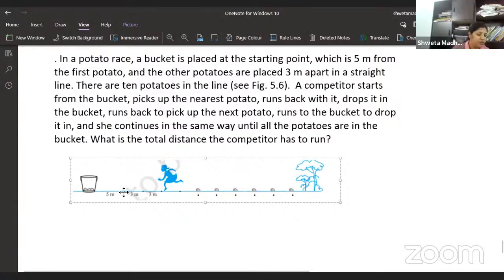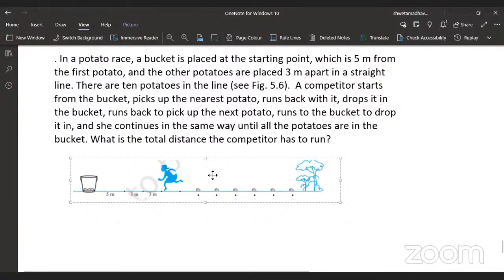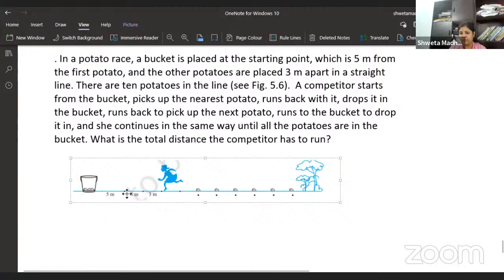To pick the first potato, how much distance does the competitor have to move? Total 10. From the bucket to the first potato is 5 meters, and then moving back to the bucket, again 5 meters. So to pick the first potato, the competitor has to run 5 plus 5, 10 meters.